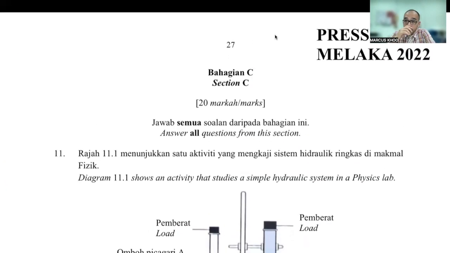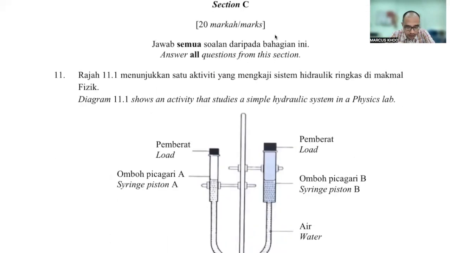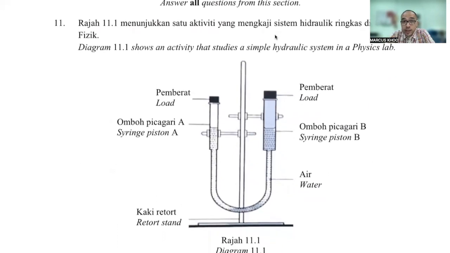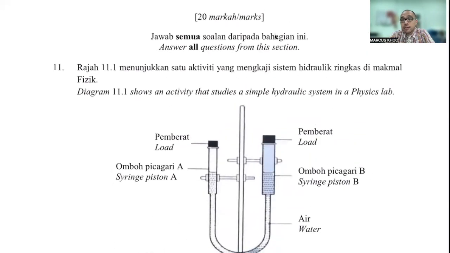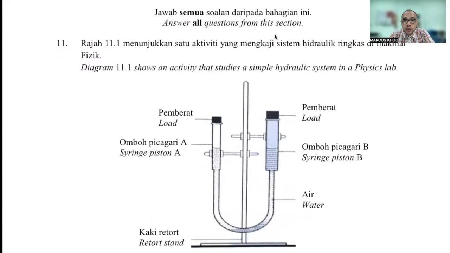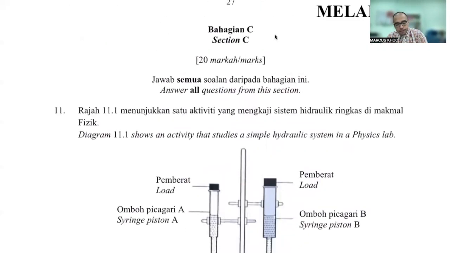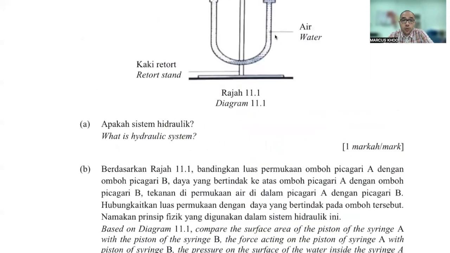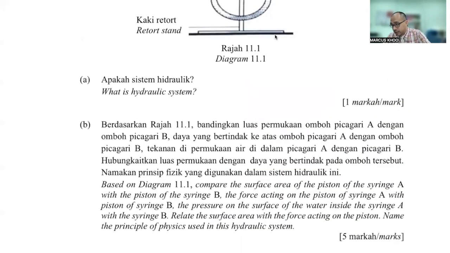So the next topic that we're going to cover is pressure. There are 3 questions in this set. The first one is from Malacca. Diagram 11.1 shows an activity that studies a simple hydraulic system in the physics lab. Whenever you talk about a hydraulic system, of course, the name that you need is Pascal's principle. So what is a hydraulic system?